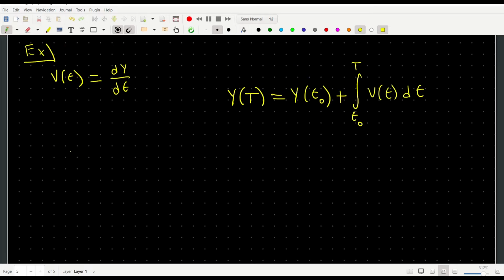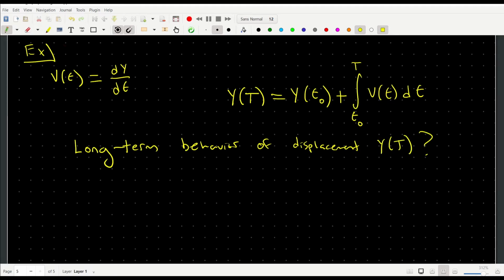So what we're interested in in this problem is relating this to improper integrals, the long-term behavior of displacement y of t. We want to figure out what's happening with the height, or the displacement y of t, in the long run.